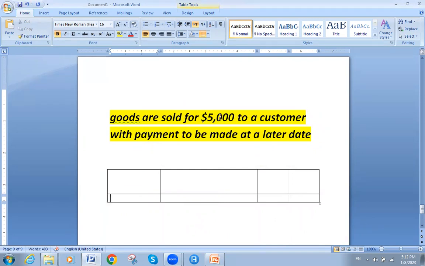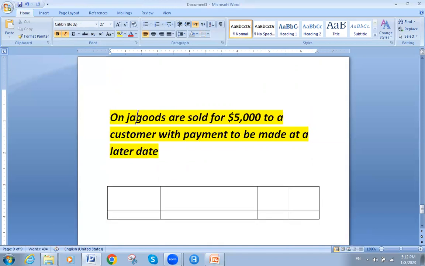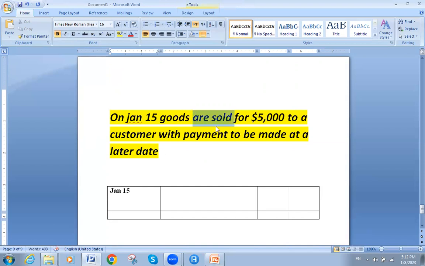Goods are sold for 5,000. Yes, but wait a minute. Let us make it Jan 15. This is the date. Goods are sold. We are selling here, so we're expecting it to go to sales. The sales will be credit for 5,000. Wait a minute.